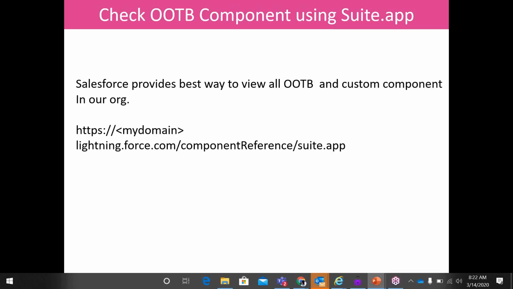Now we'll see where we can check the out of the box components using suite.app. As I told you, Salesforce has provided many out of the box components for us to use.